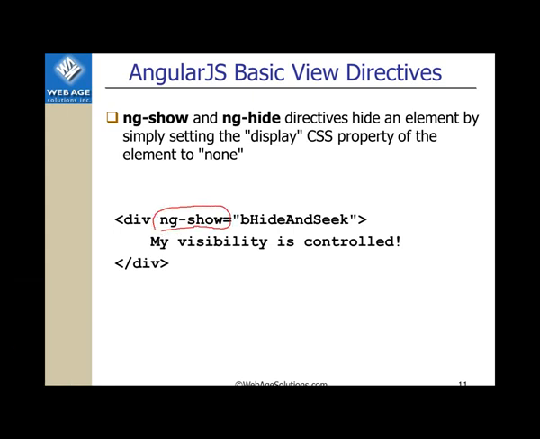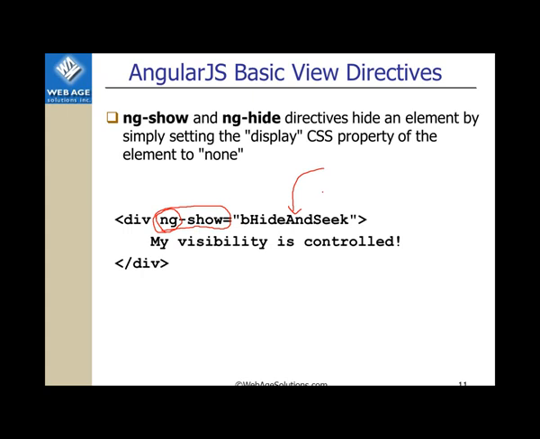This is AngularJS, so ng stands for Angular. It's an attribute which is ignored by HTML and is understood by AngularJS when it performs a reflection of all attributes and tags on HTML. And ng-show takes the value which is taken from the model.